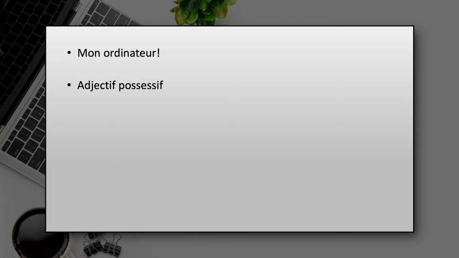Mon ordinateur. So, once again, like in our previous lesson, we have talked about possessive adjectives. Adjectifs possessifs in French and possessive adjectives in English. So, what are the possessive adjectives?